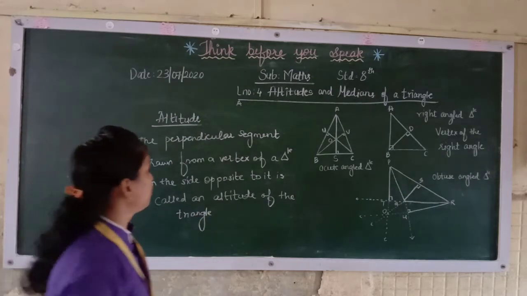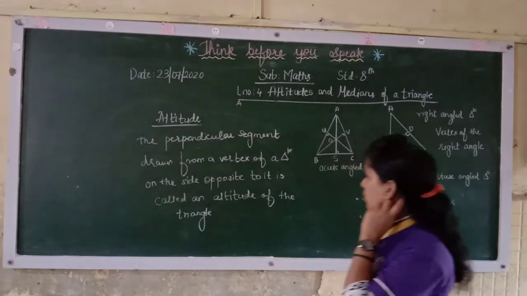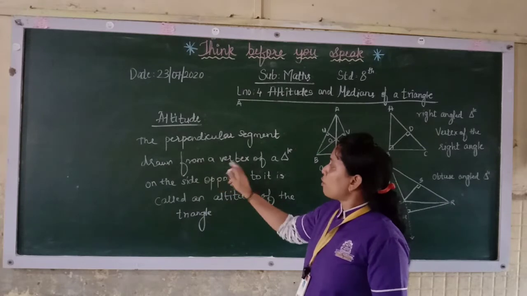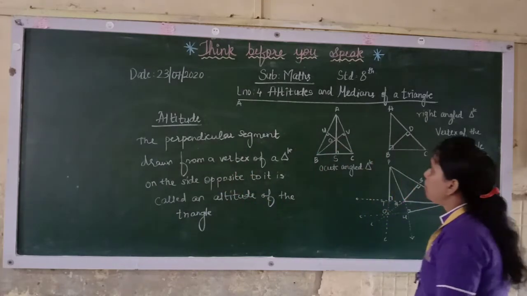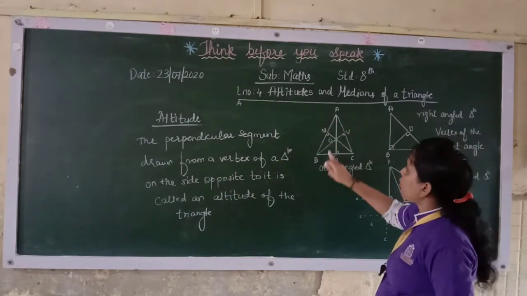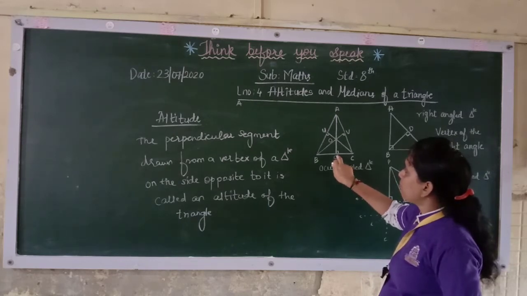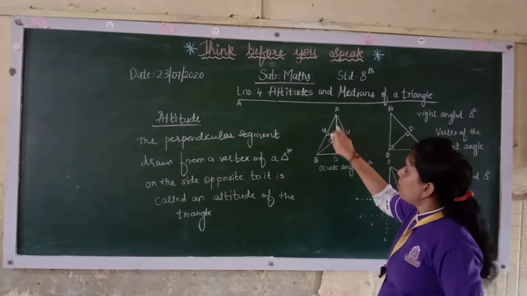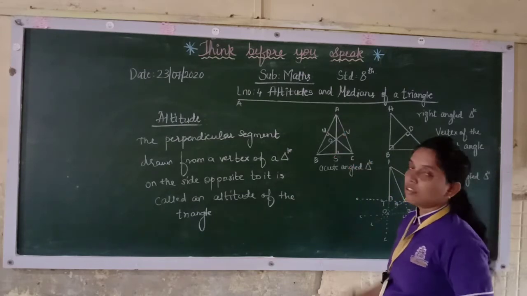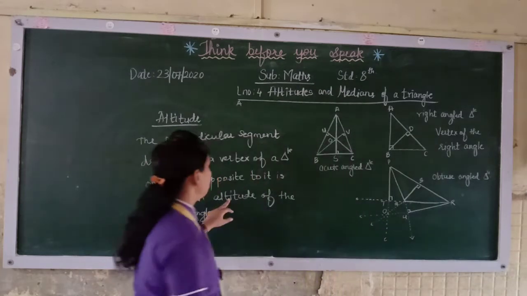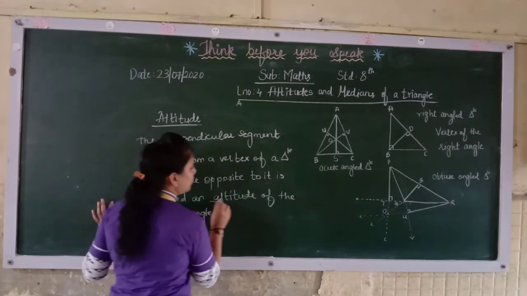Now see, the perpendicular segment drawn from a vertex. The perpendicular segment drawn from the vertex over here, if you see, from the vertex to the opposite side, that is known as the altitude.